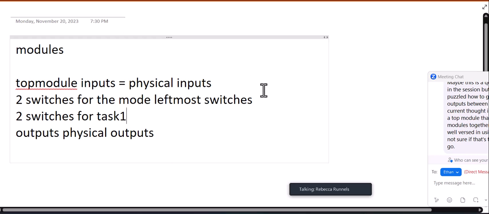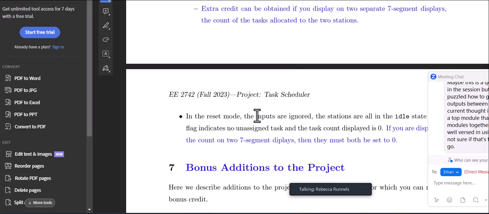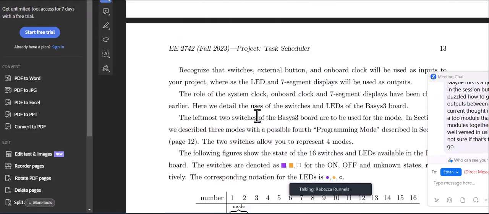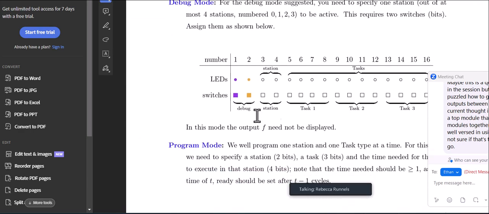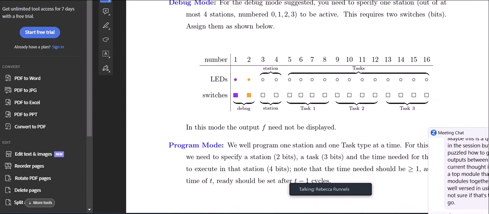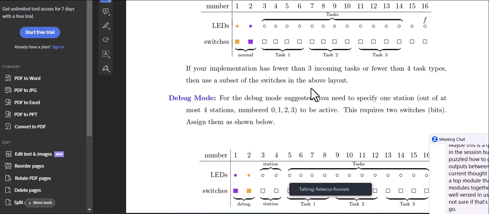I laid mine out like in the project, where he has this example for how to lay it out. Where it's debug here, I had those 2 being mode, and then I skipped 2 because I'm not using station. I had these first 2 for task 1, and then the next 2 for task 2. So that's what I had.